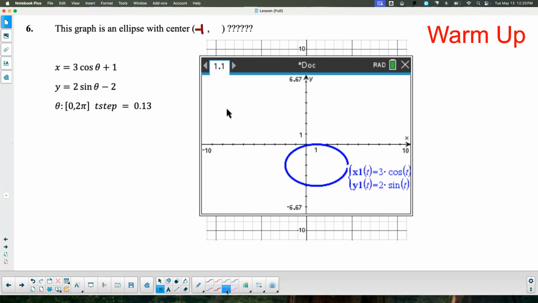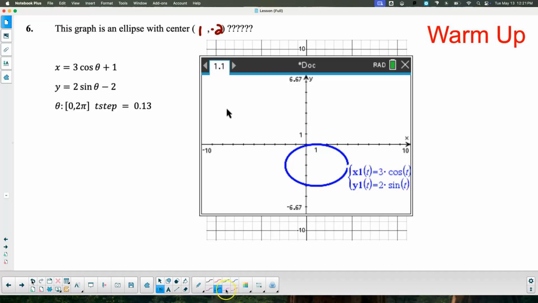Now, based off of my equation, oops, I put -1. Where could I have gotten the center of 1, -2 from without even looking at the graph? From the x and the y.